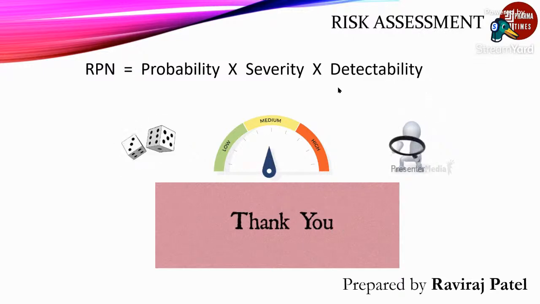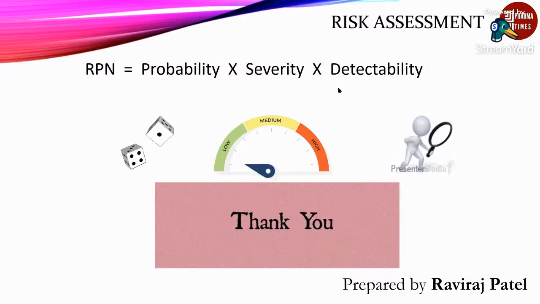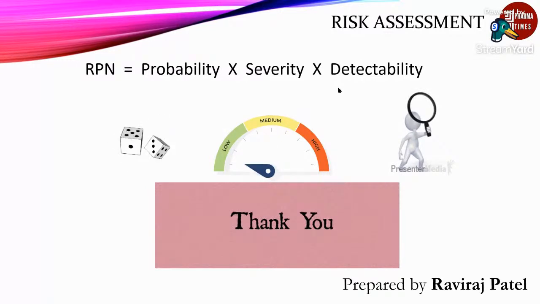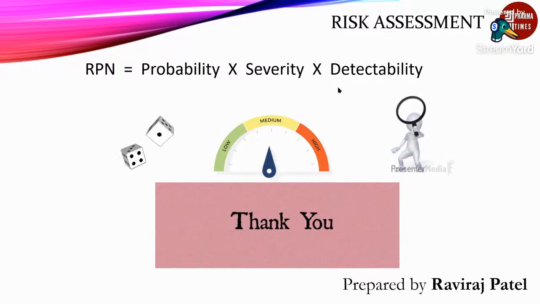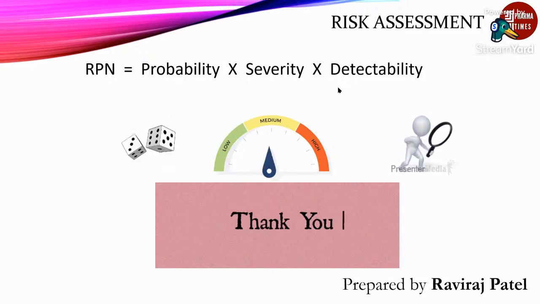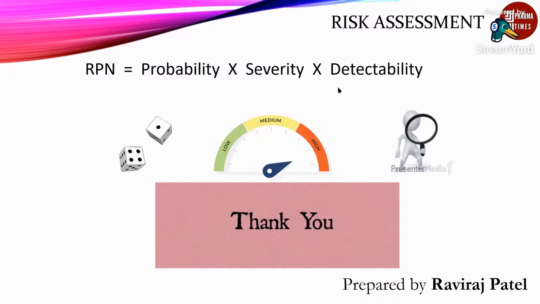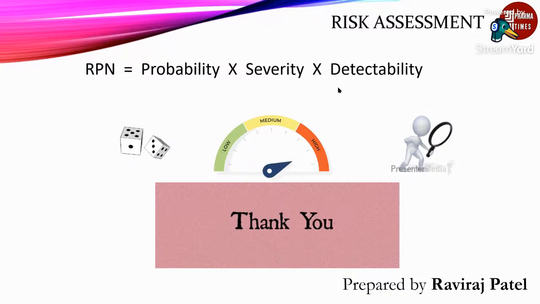So, there are three fundamentals of risk assessment. If you define any risk assessment, it's probability, severity, and detectability. Remember this scenario, and sometimes it's divided into other criteria, like severity based on financial condition, severity based on patient or product, severity based on business.